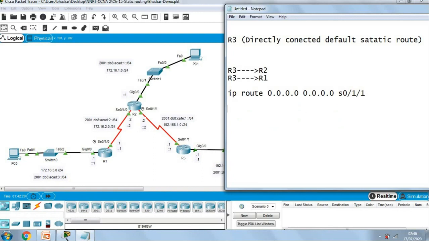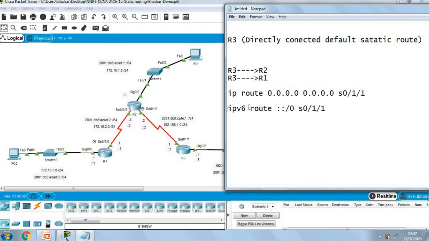Similarly for IPv6, the route ::/0, that is what I told. If you want to configure the IPv6 route, ::/0 and the exit interface here is serial 0/1/1.